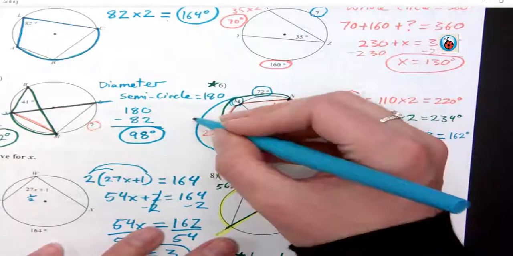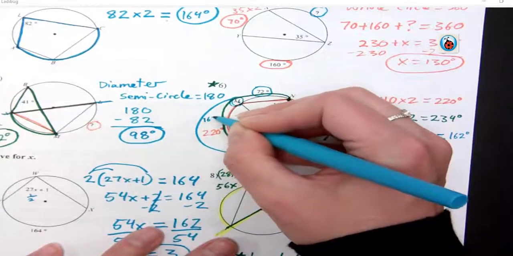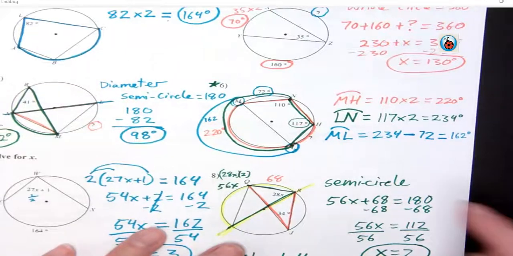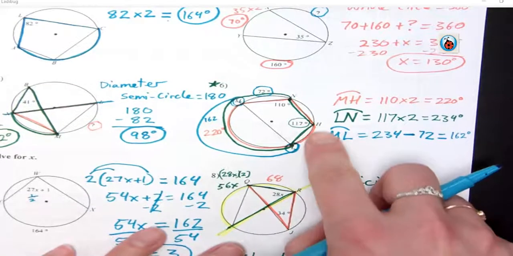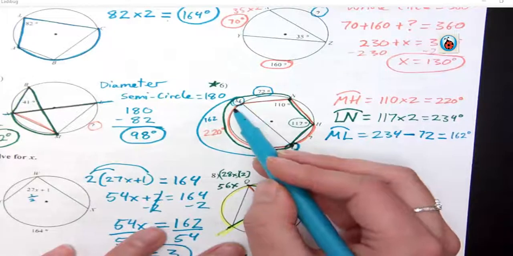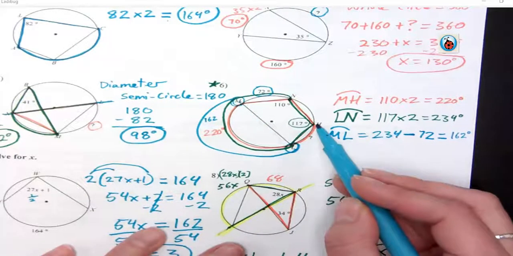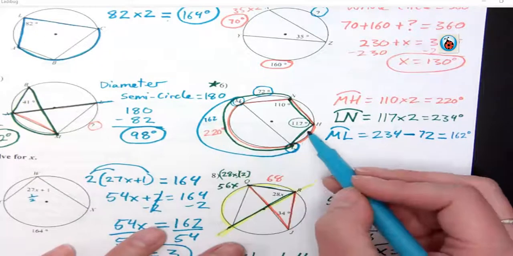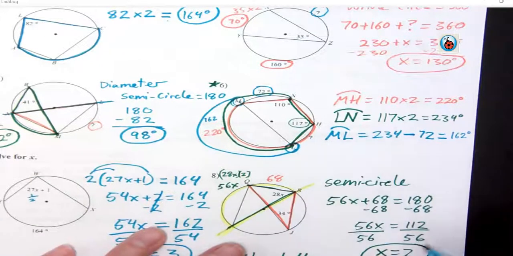So if this part here is 162, now I have enough information to solve for LH. So I look back at my orange, my 220 minus the 162 will give me what's left over for LH.